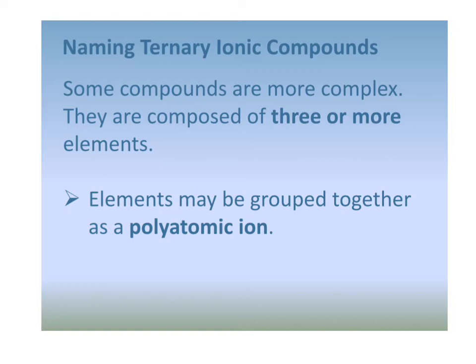Or these negatively charged ones can form compounds with just about any metal. And ammonium actually can form a compound with most nonmetals. So we're going to look at these compounds, which are also called ternary ionic compounds. Today we're going to work on what they are and the naming. The next lesson will be about writing the formulas.